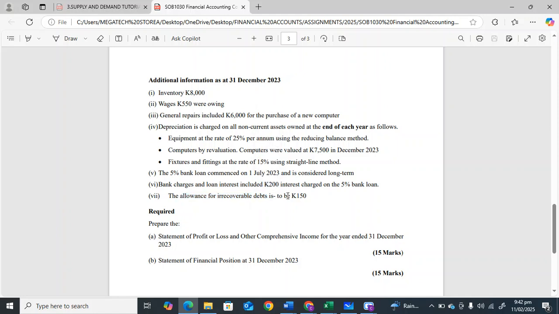This 150 kwacha is the one that we're going to subtract from the receivables value.